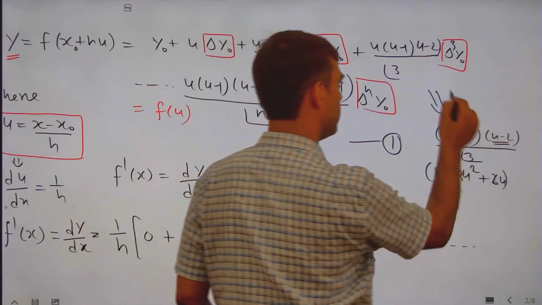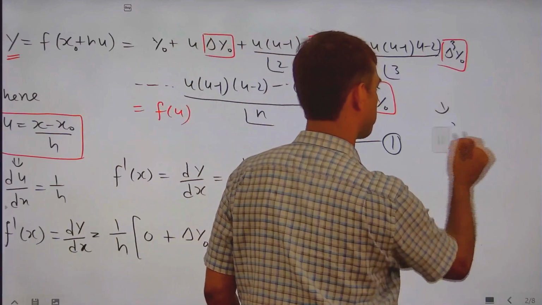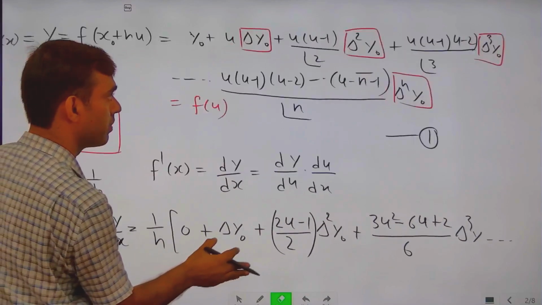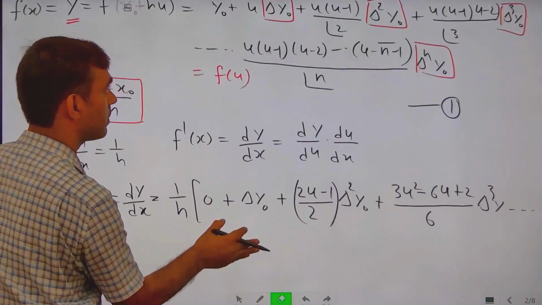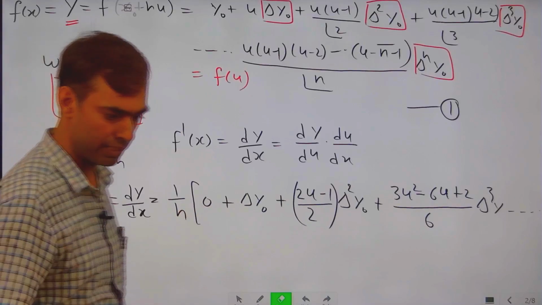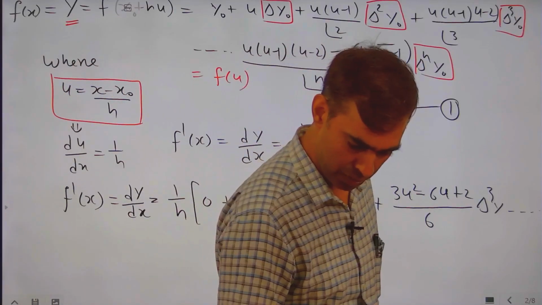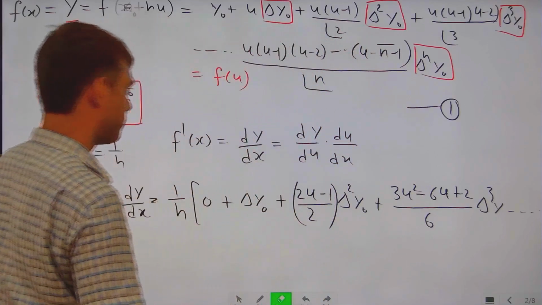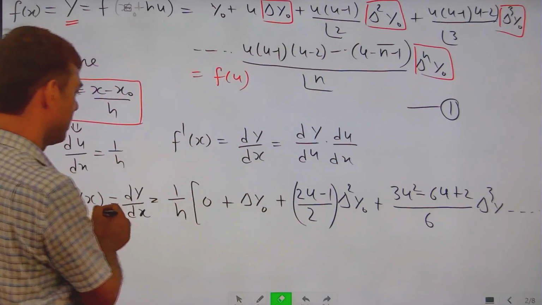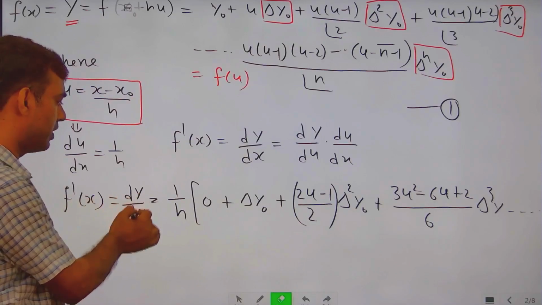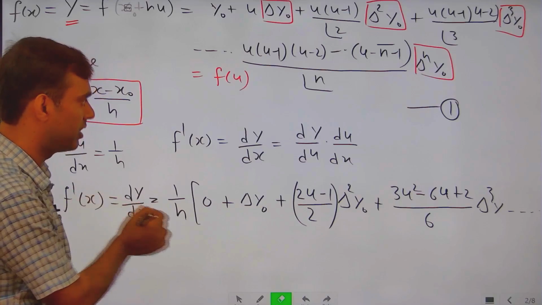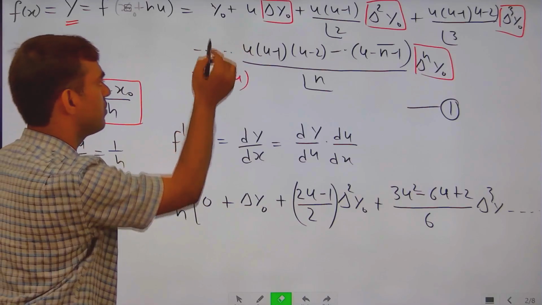We verify this value, and this is correct. So f dash x equals dy by du into du upon dx with 1 upon h, differentiating with respect to u.